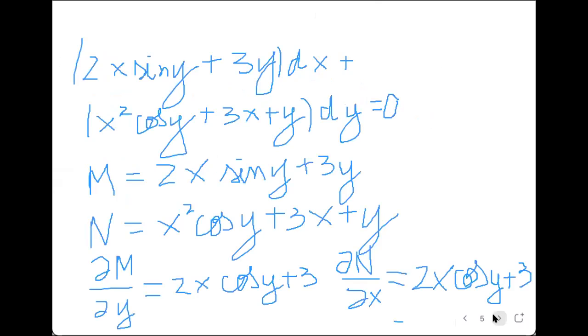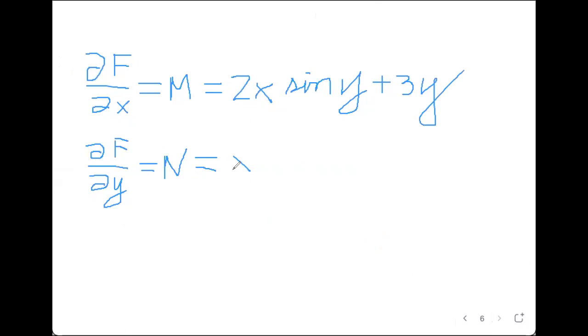N is x squared cosine y plus 3x plus y. Okay.